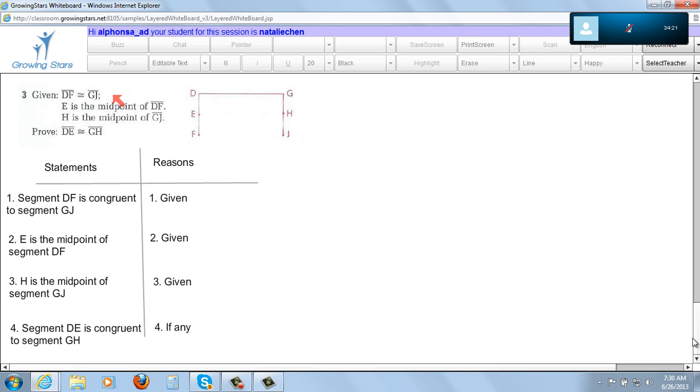Next segment. The line. If segments are congruent, their like divisions are congruent. Excellent. Good.